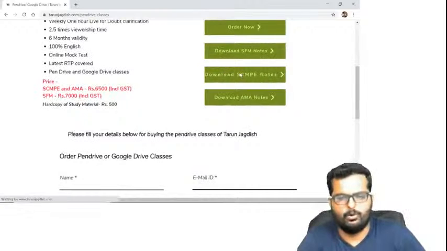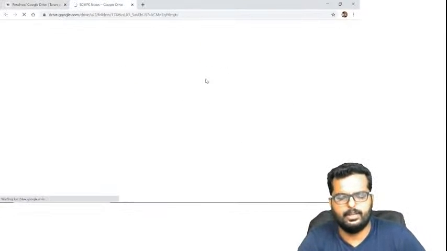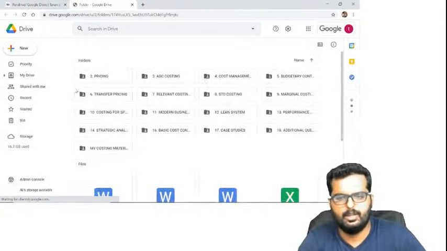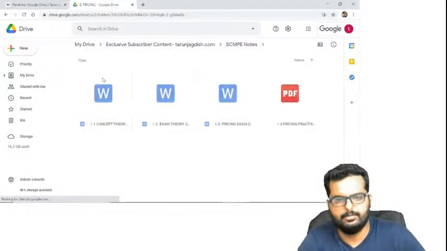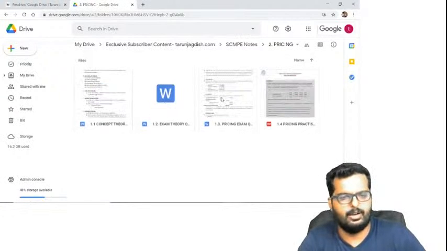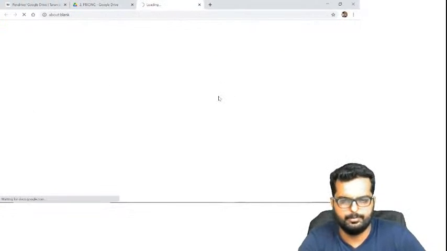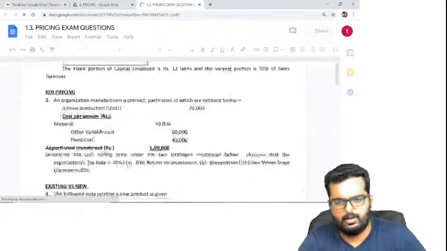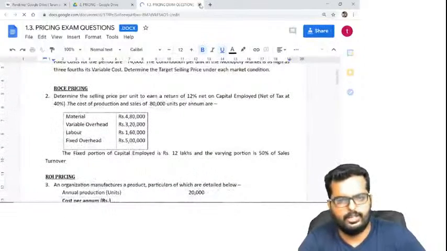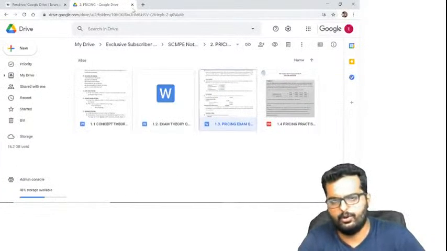Come down, do you see download SCMPE notes over here? Just click on download SCMPE notes. Once you come here, all the chapters are there. For example, now you're looking at pricing. Just click on pricing and all the questions are available over here. So this is how you can download the material and use it for your own use.